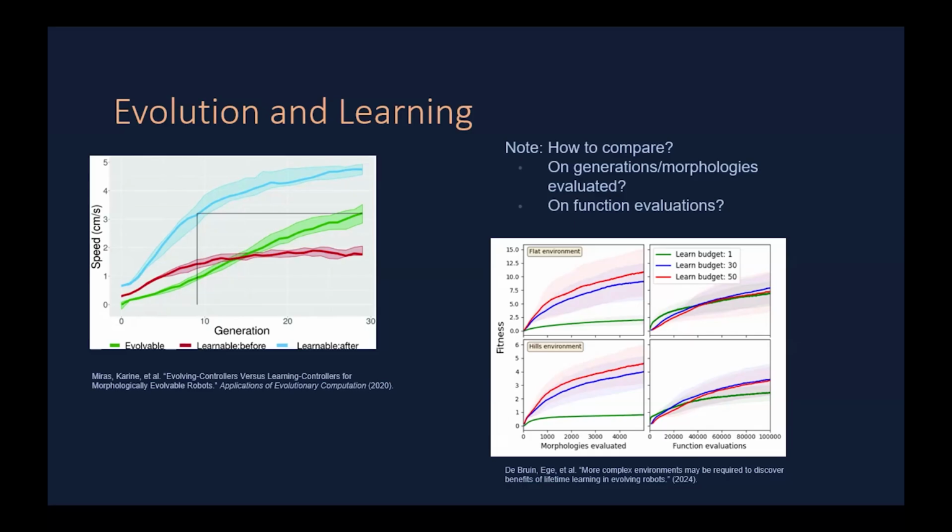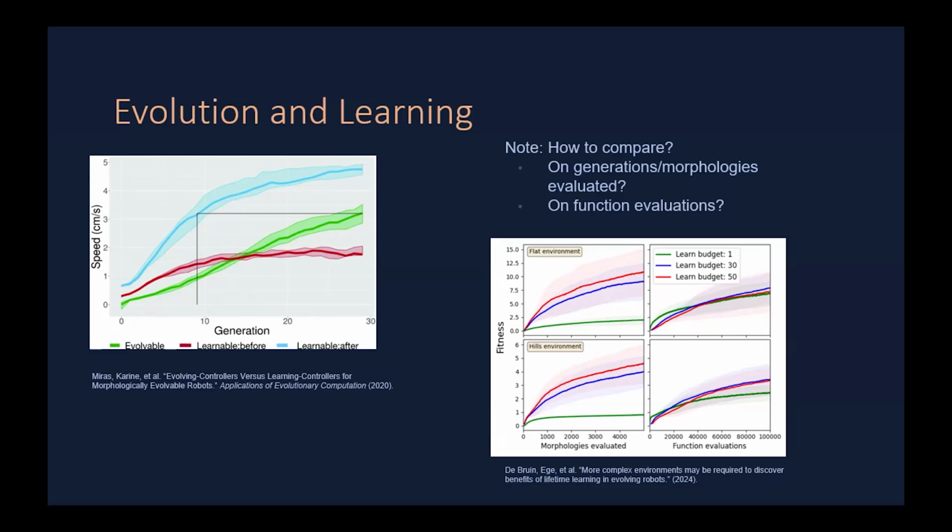So this is compared over generations or the number of morphologies evaluated. And we can see that after learning, the blue line is way better than just evolving the robots. However, a lot of the experiments nowadays are done in simulation, and there, the timescale of building robots and evaluating robots is reversed.